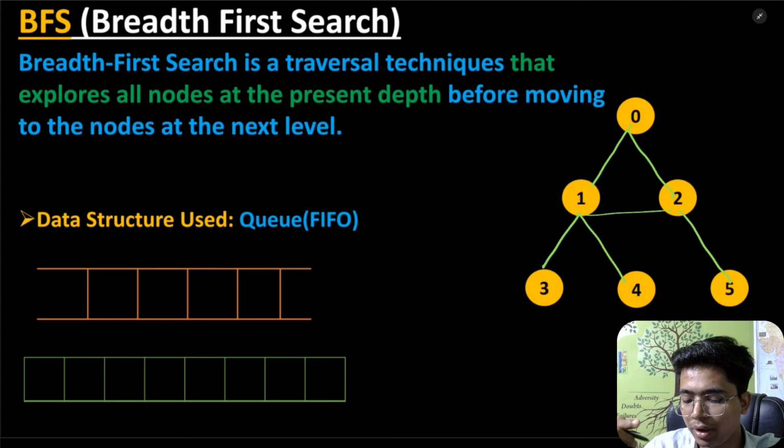And when we traverse, there are two types of traversal. One is if we traverse only towards the depth, we call that depth first traversal.